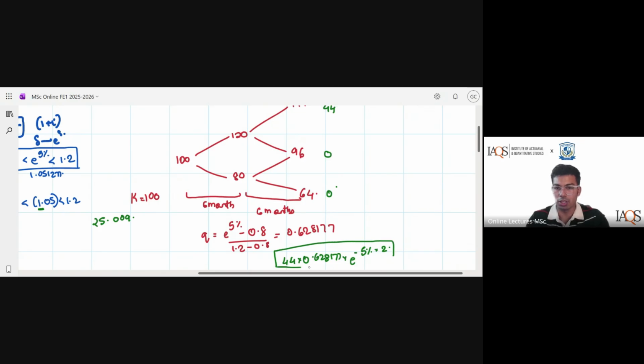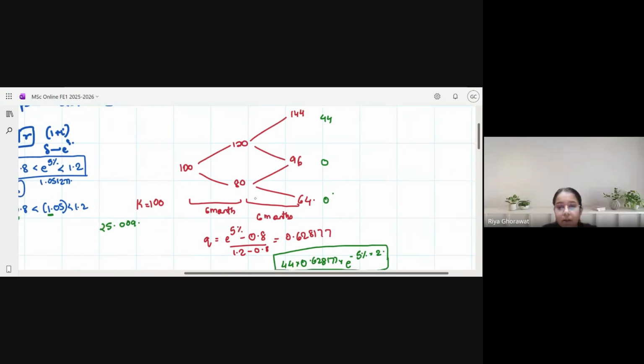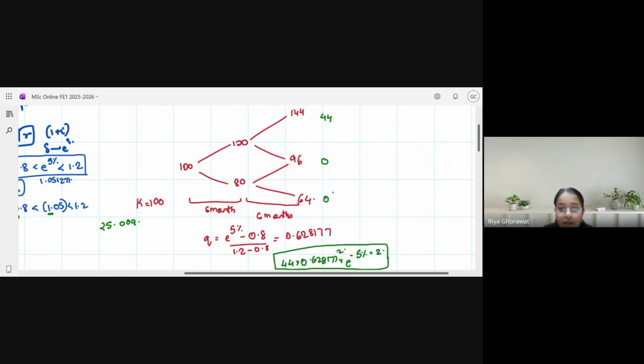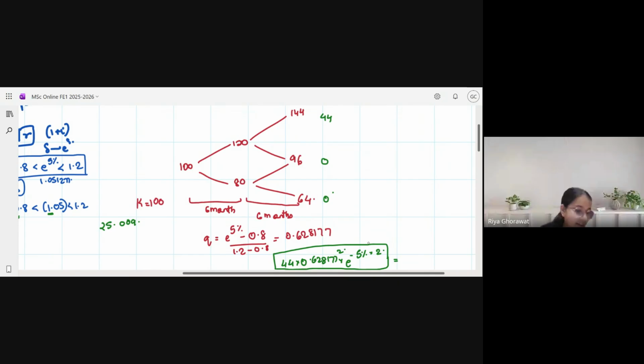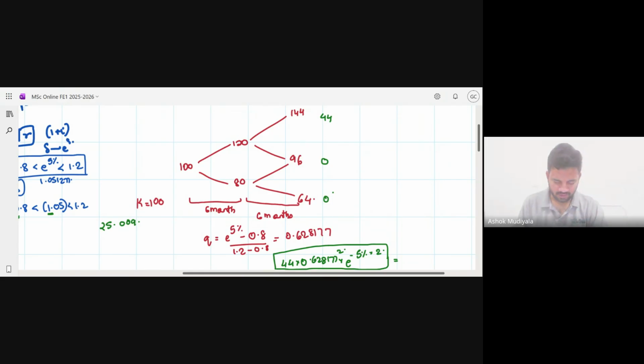I'll tell you this much, there's an error in this equation. There will be Q square. Exactly, I did Q square. What's the answer that you are getting now? Because it's payoff into probability, and the probability is actually Q square, not only for one time step. Yeah, got it.